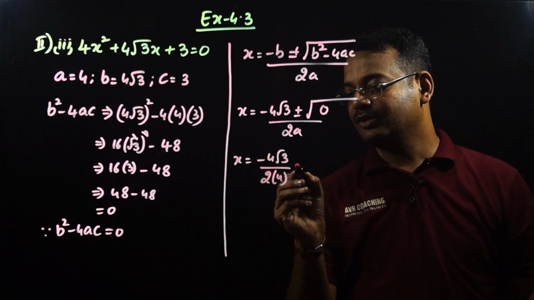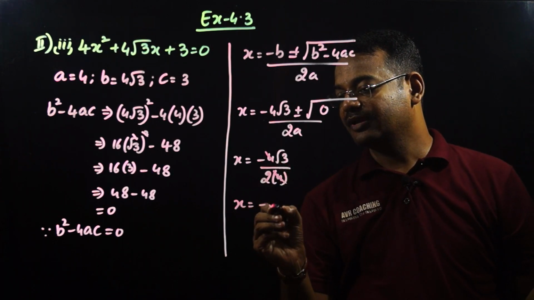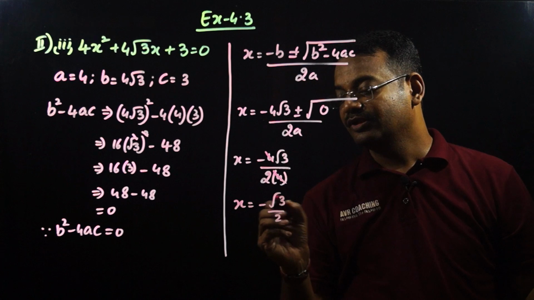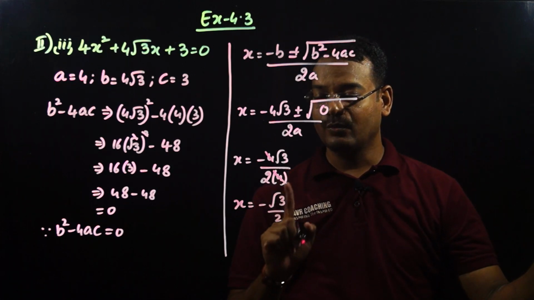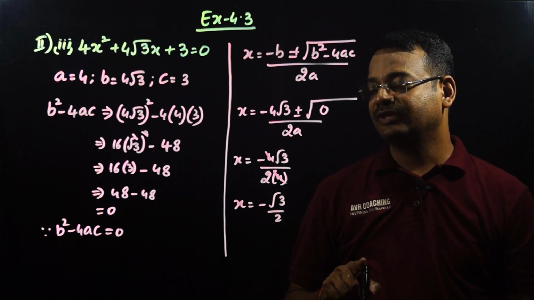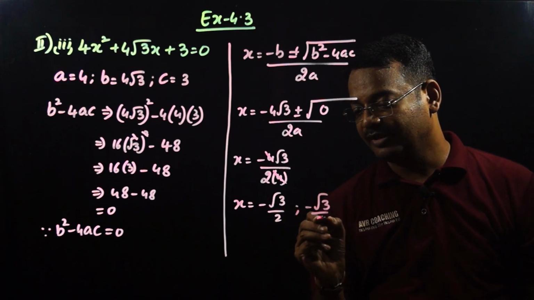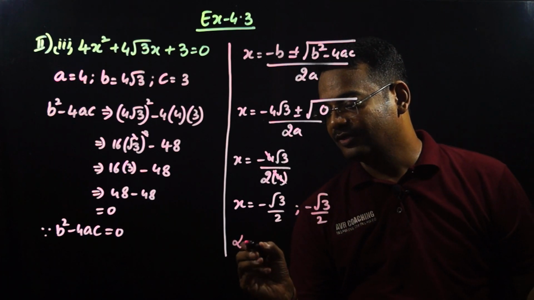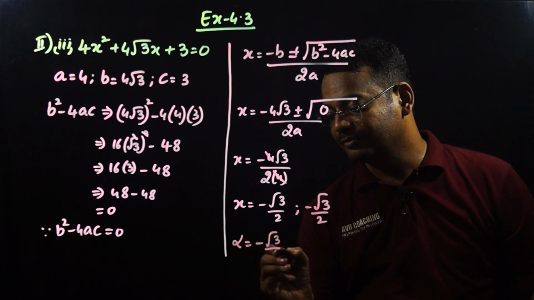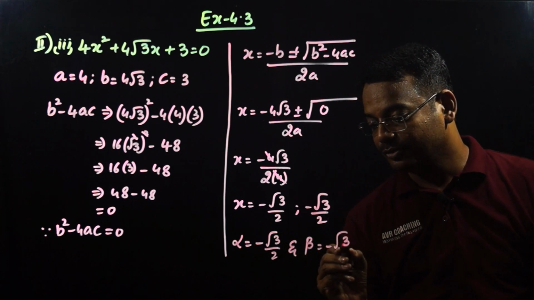So the 4 and 4 get cancelled, and x equals minus root 3 by 2. Since x has only one value, that is minus root 3 by 2, the other root of the equation will also be minus root 3 by 2. Therefore alpha equals minus root 3 by 2 and beta equals minus root 3 by 2.